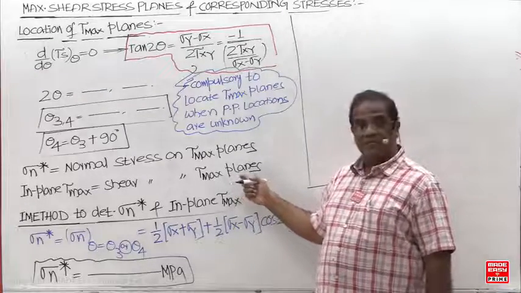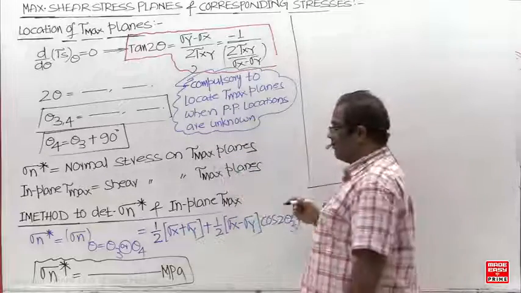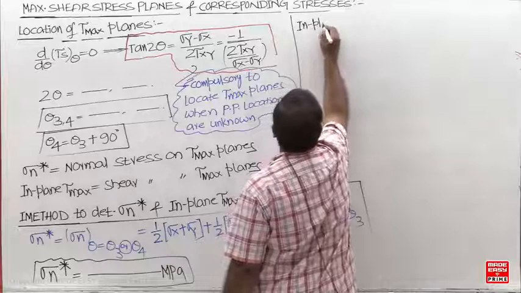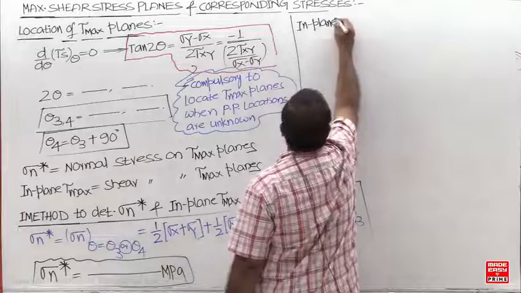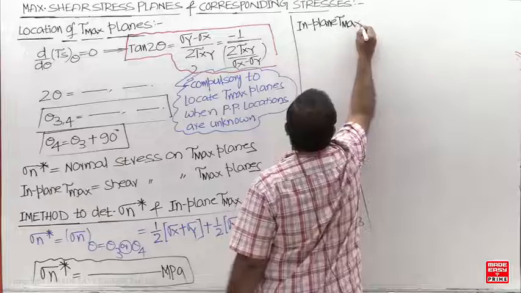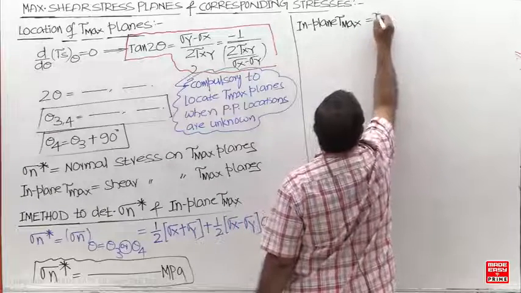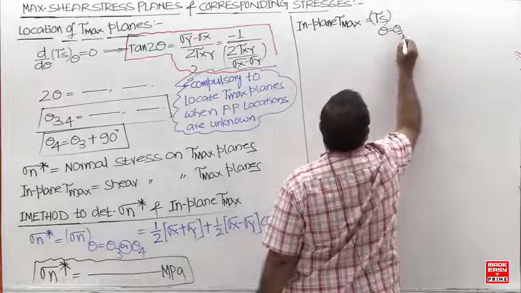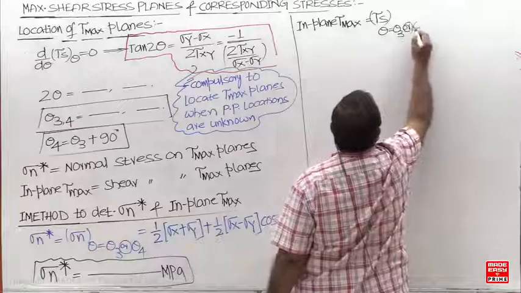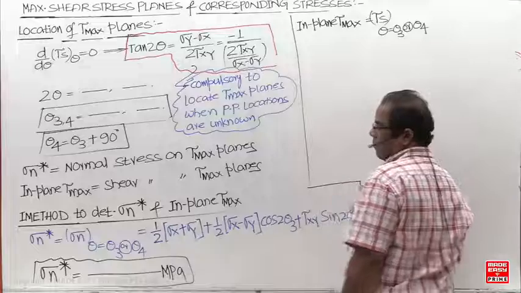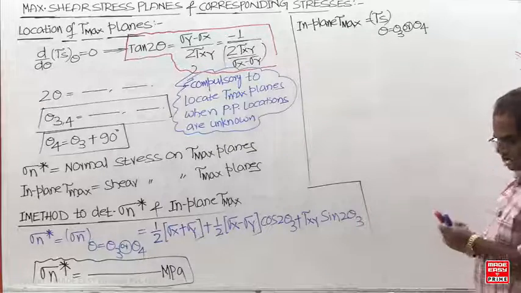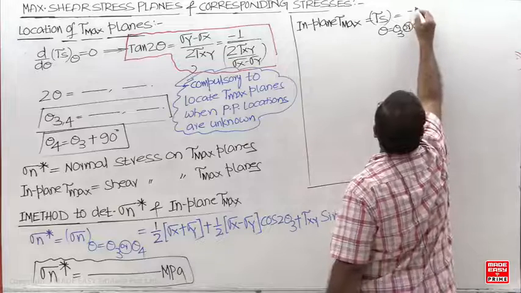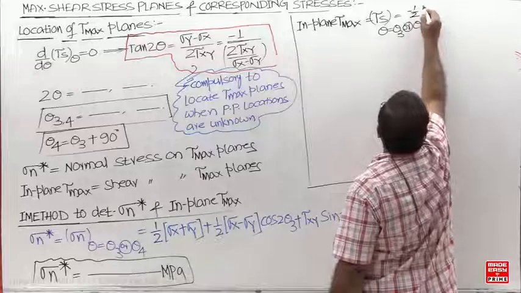And once again in the tau equation, either you substitute theta 3 or theta 4. What is the tau equation written now?